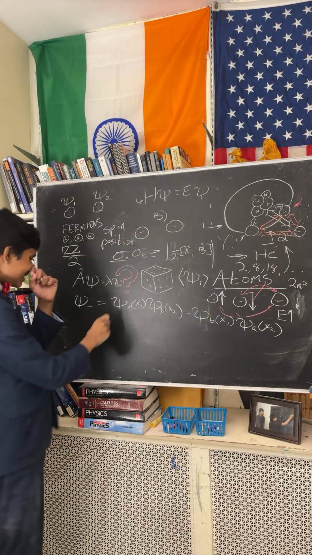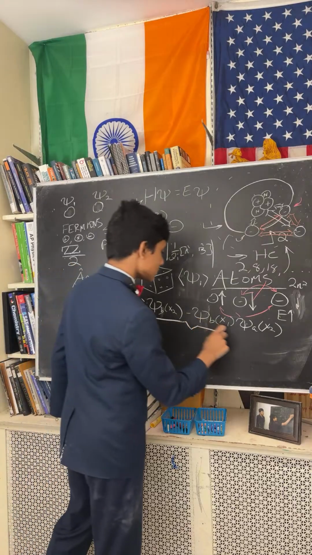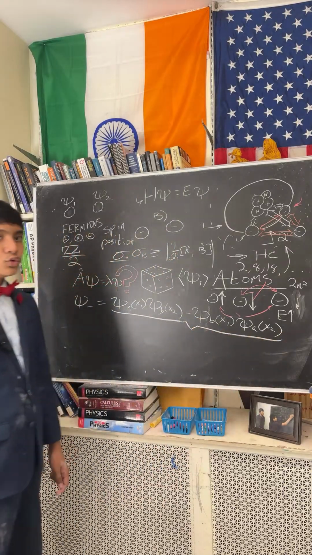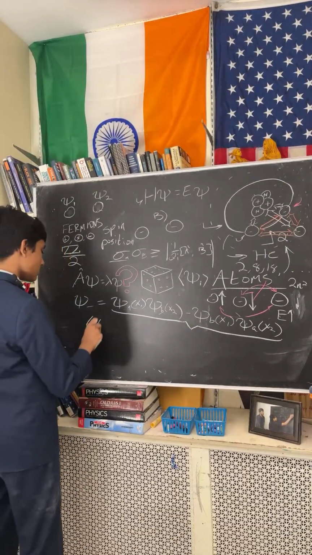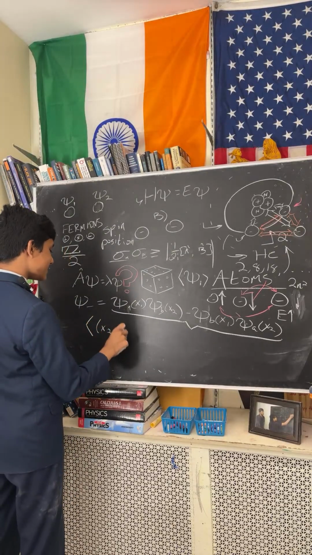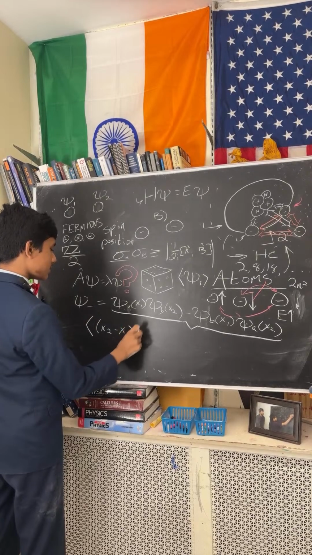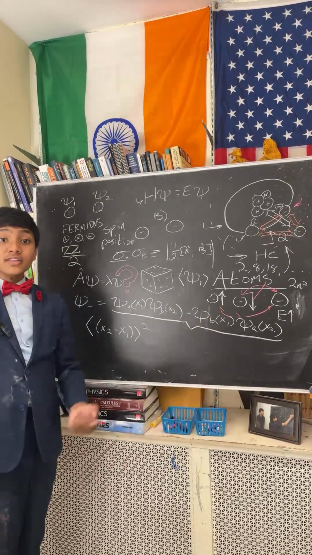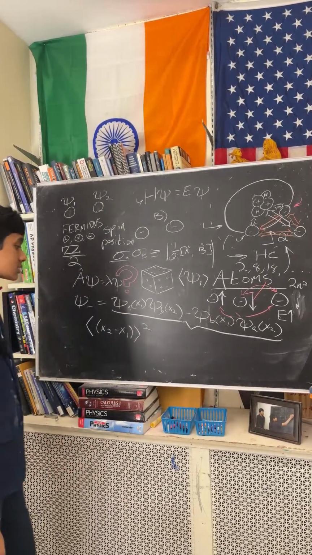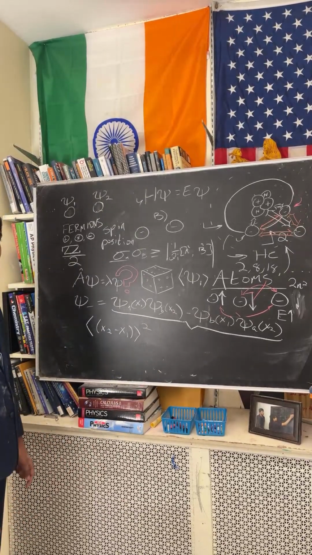Now, when you have this thing in front of you, let's say you want to find the expected value of the distance between object A and object B. After all, that's what we need in order to apply Coulomb's law. So how do you do that?